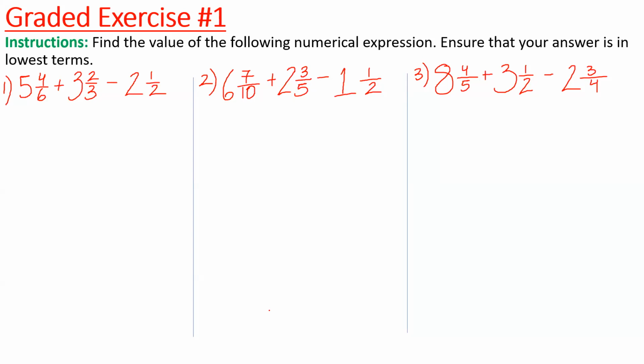Paul, what number are you on? Number 2. Randisha, what number are you on? She says she's on number 3. Ricardo, what number are you on? Number 2.